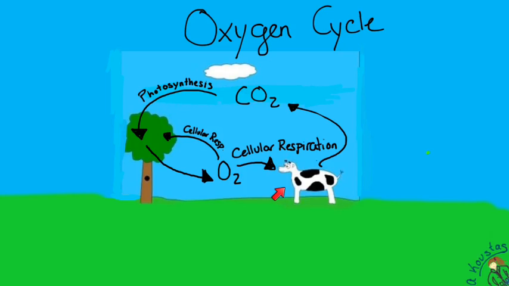Right now, as animals, we're all breathing in that oxygen for the process of cellular respiration. We take in that oxygen for cell respiration and we release carbon dioxide. And this cycle continues in the atmosphere. In addition, plants also perform cell respiration.